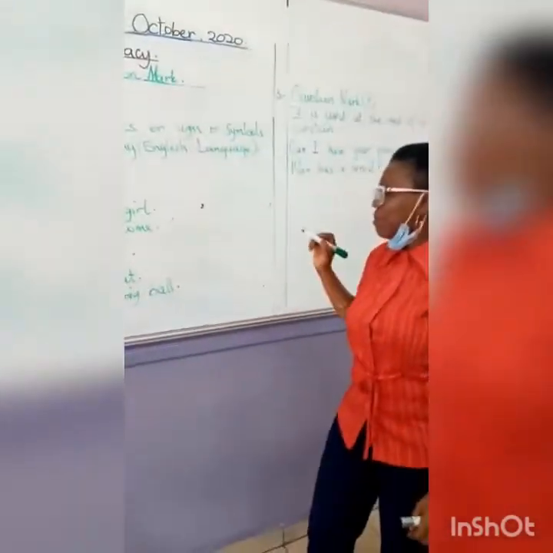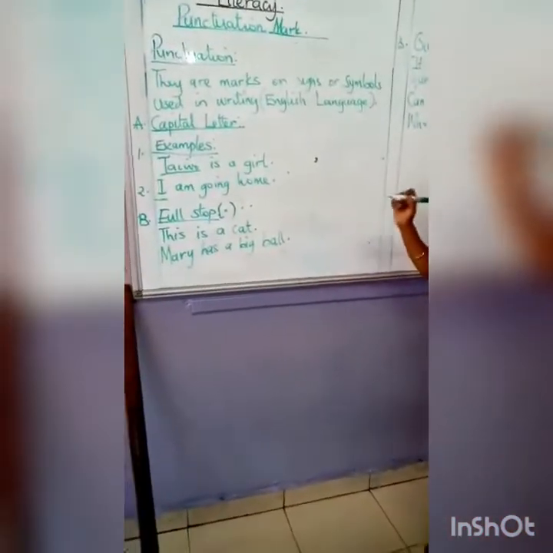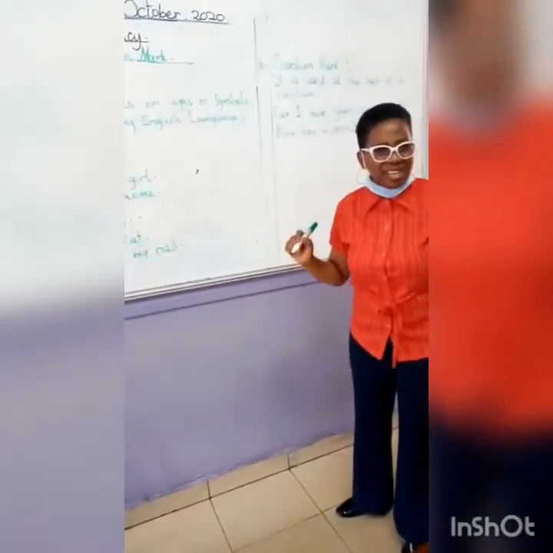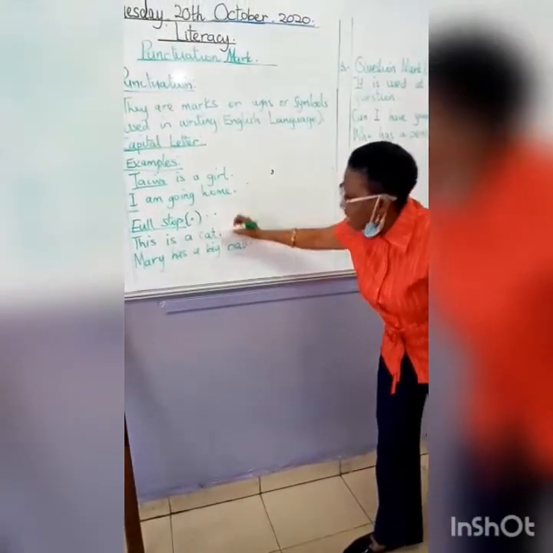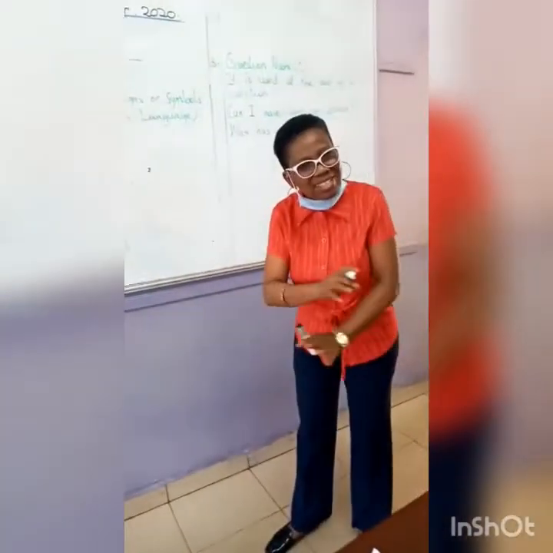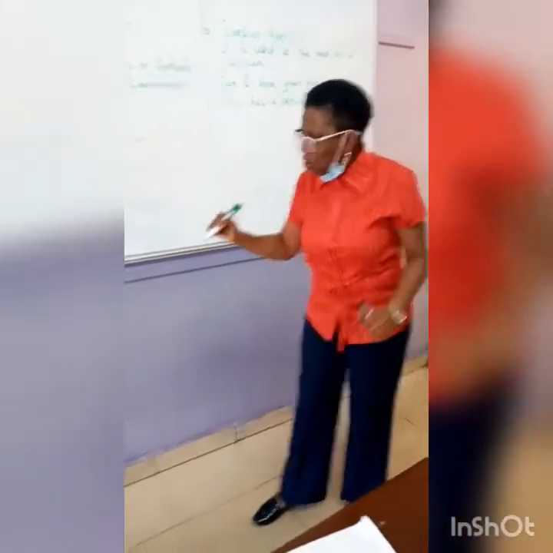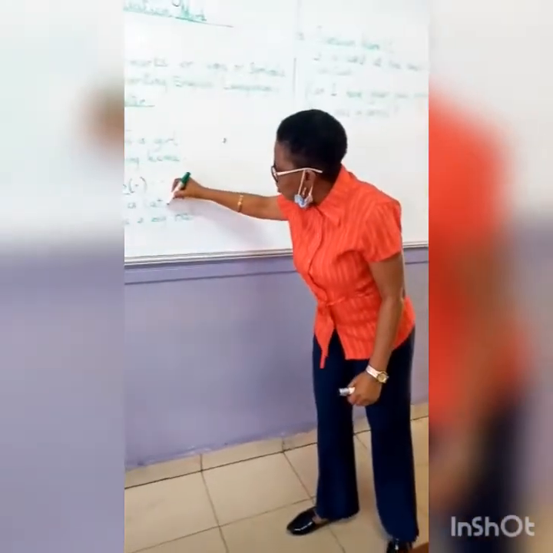Then we went on to talk about the full stop. Full stop, also called period, must end every sentence. If you don't add your full stop at the end of your sentence, that sentence is incomplete.